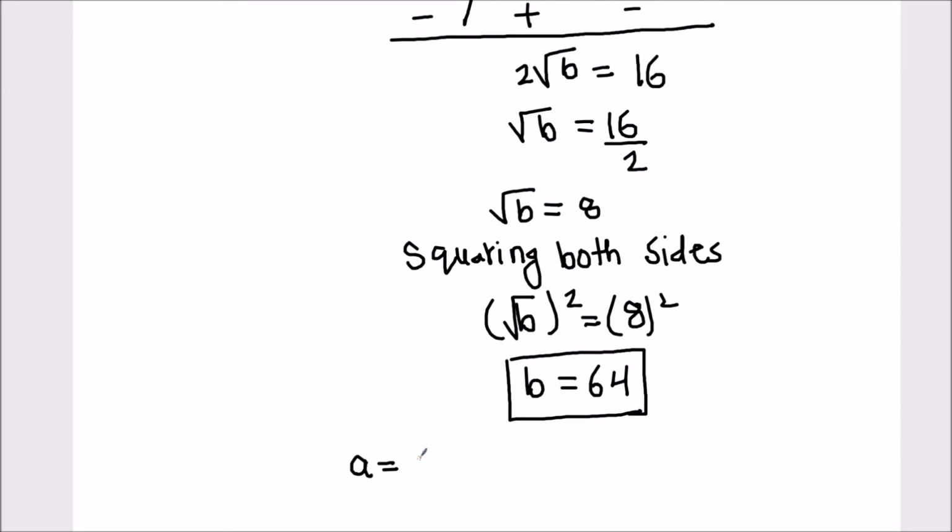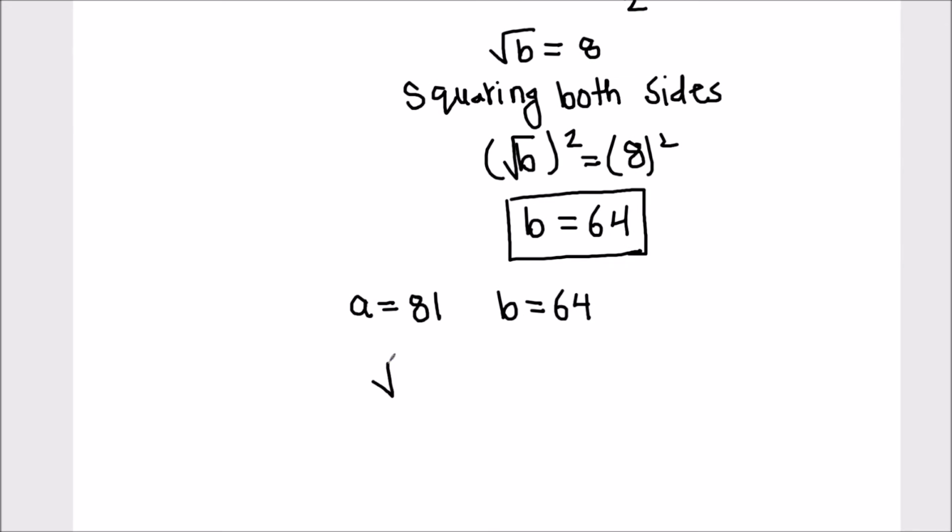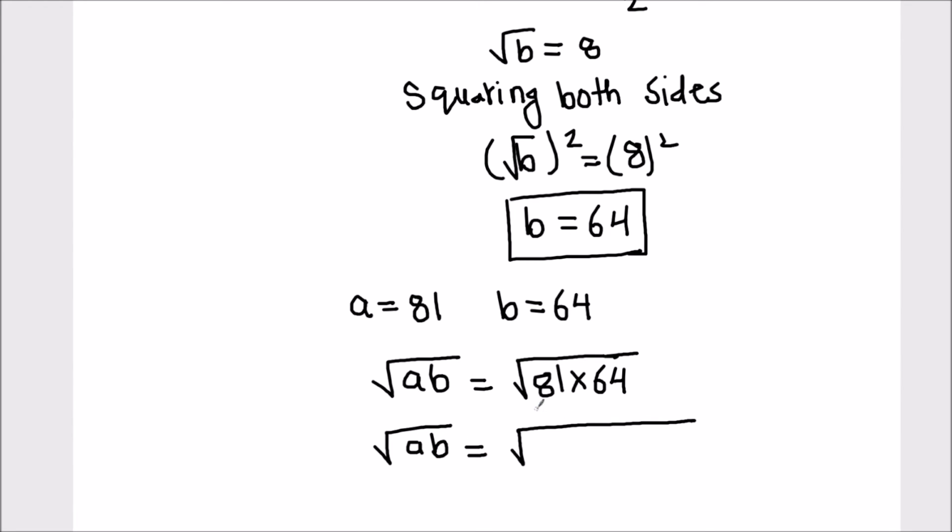Now we have the value of a as 81 and value of b is 64. We can now find the value of square root of a times b, which equals square root of 81 times 64. So square root of ab equals, let's write 81 and 64 as the product of their factors.